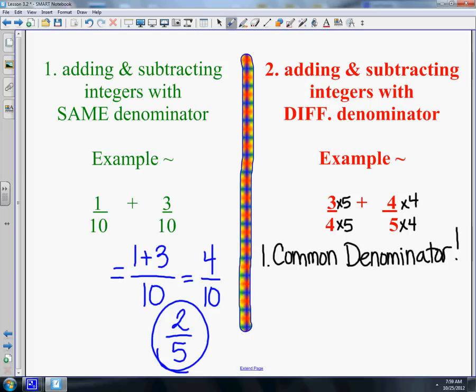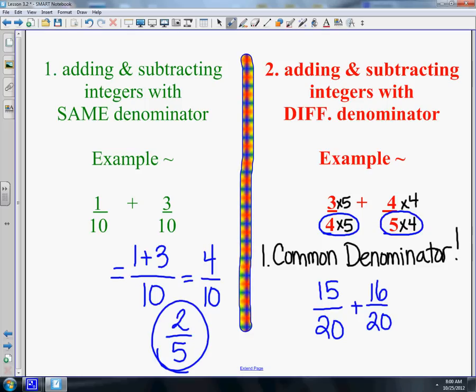So why I do that is because then if I rewrite my fraction, I would have 15 over 20 plus 16 over 20. Now, look at what I just did. I made both of these common denominators.